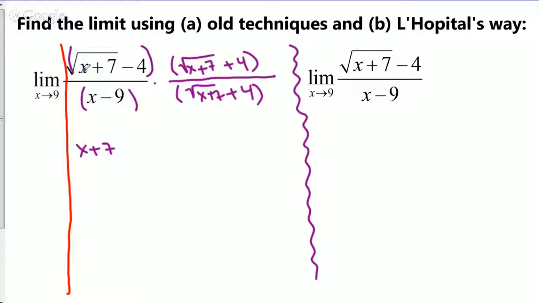And then what happens here is I have square root of x plus 7 times 4, and then square root of x plus 7 times negative 4. So those are going to cancel. Remember, we didn't even bother writing those typically in pre-calc. All right, and then the last term is going to be negative 16, negative 4 times positive 4. Okay. Go ahead and leave the denominator like so.